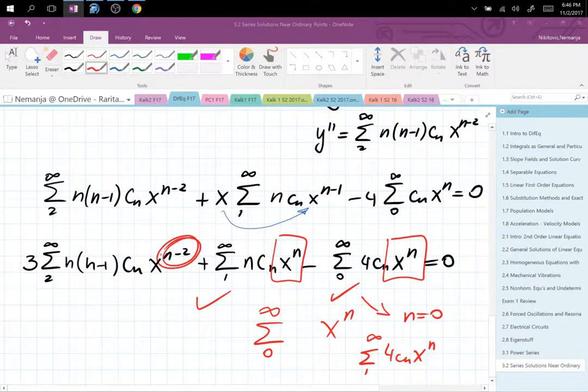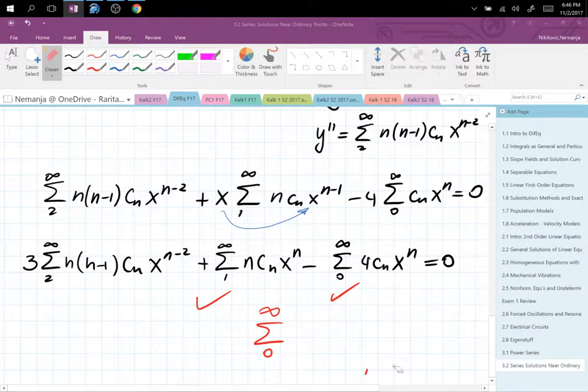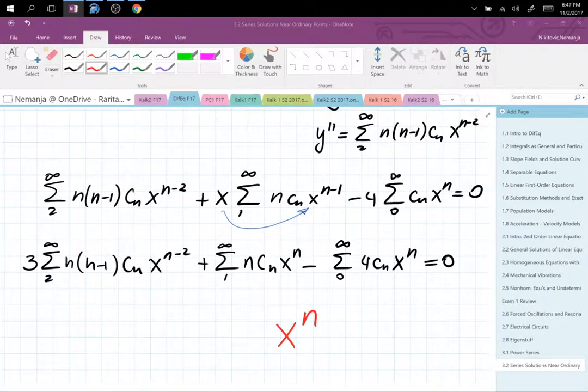As I make that x to the n, this will go to 0, so I'll have to peel one term from there as well, and then it will be 1 across the board. If you haven't picked up what I said, it should be hopefully clear as I start working on this. I will repeat this one more time. The major goal is to have all of them be x to the n. That's the target, because the counters can all agree if you peel off a term.